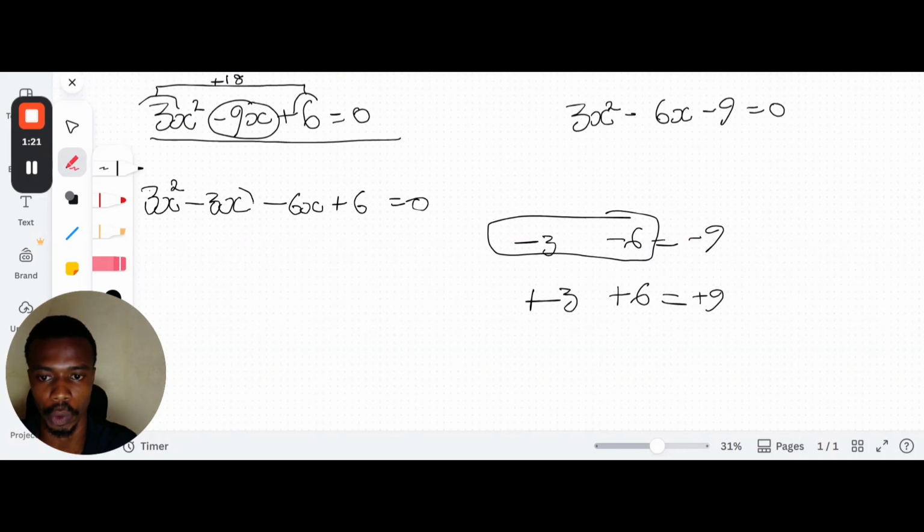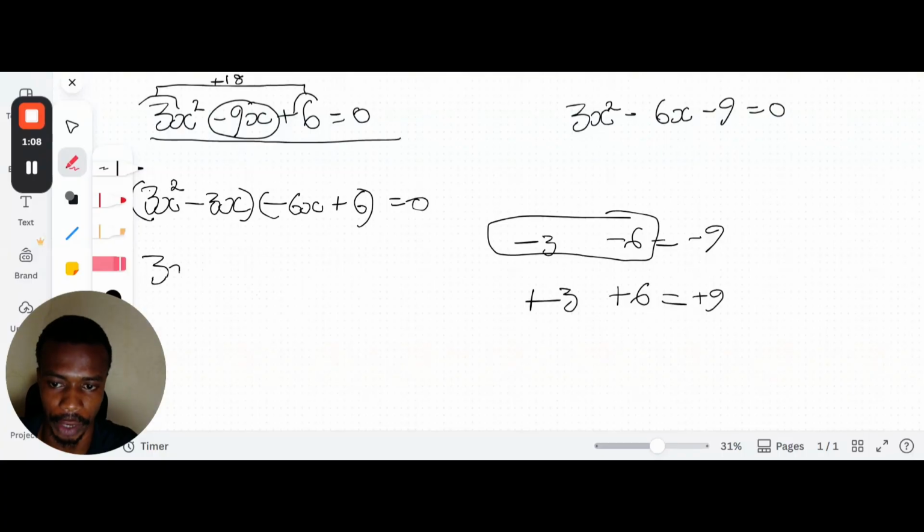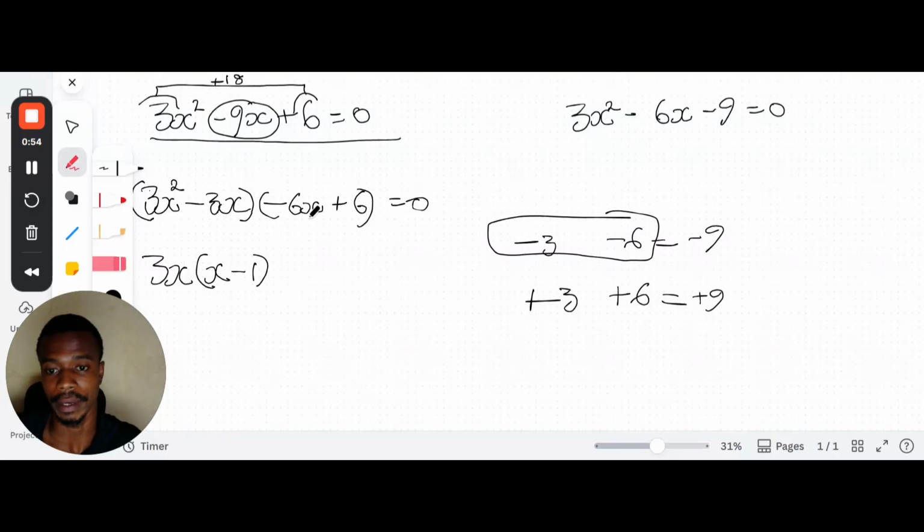We are going to group them into two separate groups. And we're going to draw out the common factors. 3x squared minus 3x. What is the common factor? 3x is the common factor because 3x squared can be divided by 3x to give you x. 3x times x is 3x squared. Minus 3x can be divided by 3x to give you 1.